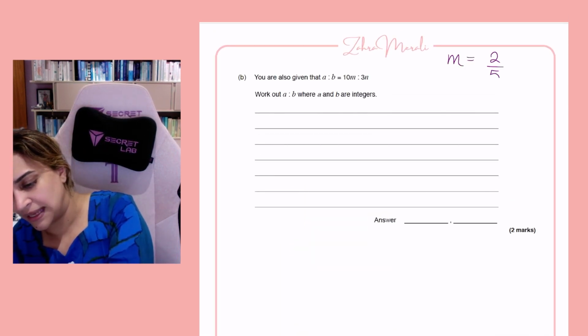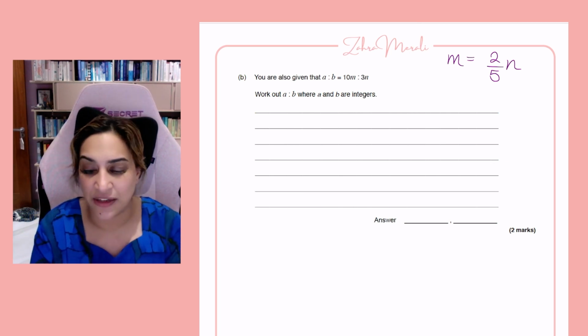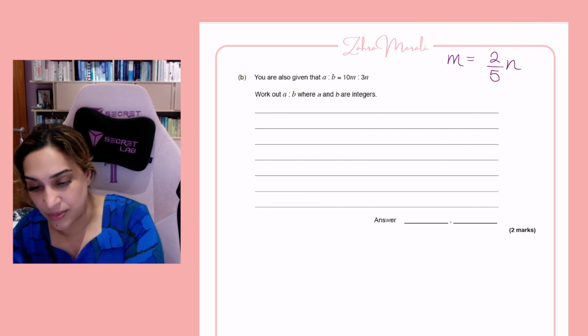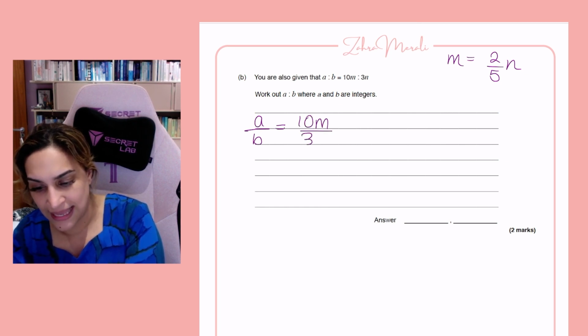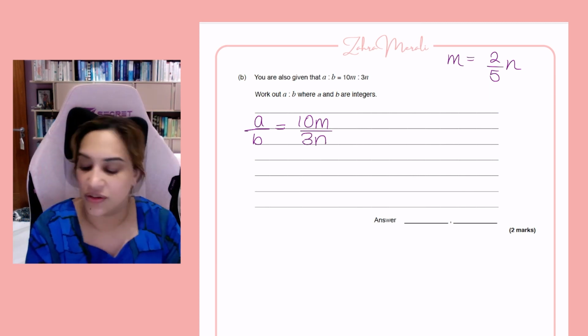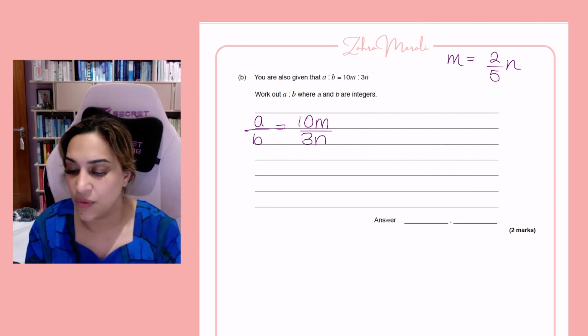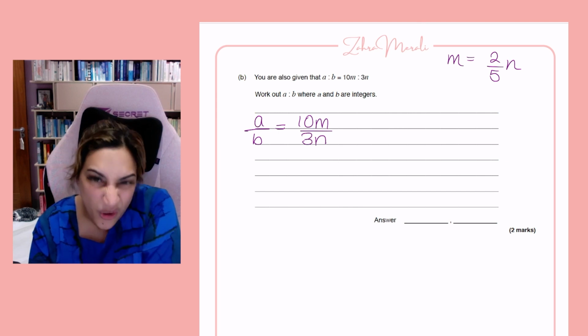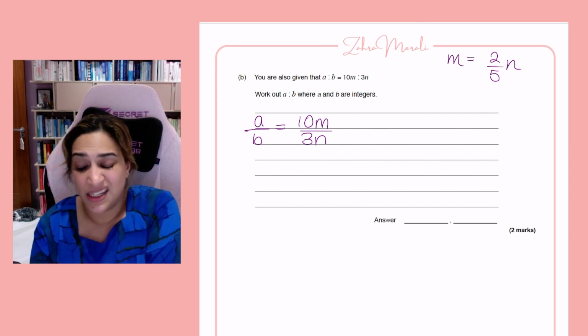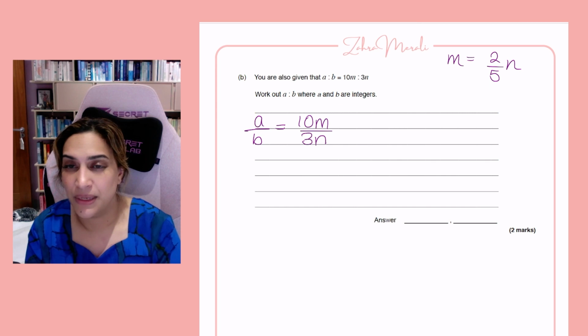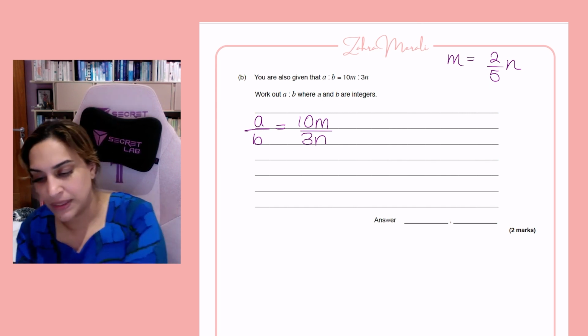M equals 2/5 n. So now we're given a to b, so remember we can write that as a fraction, is equal to 10m over 3n. Oh, we don't actually need to write it as a fraction, but never mind. Right, now we want to get rid of essentially the m and the n's. But let's see what we know. We know that m is equal to 2/5 n.